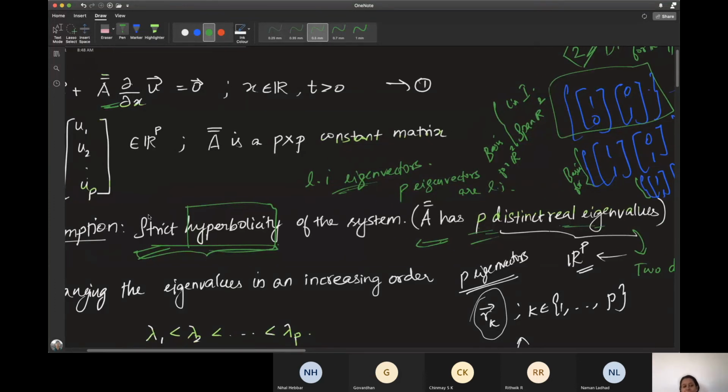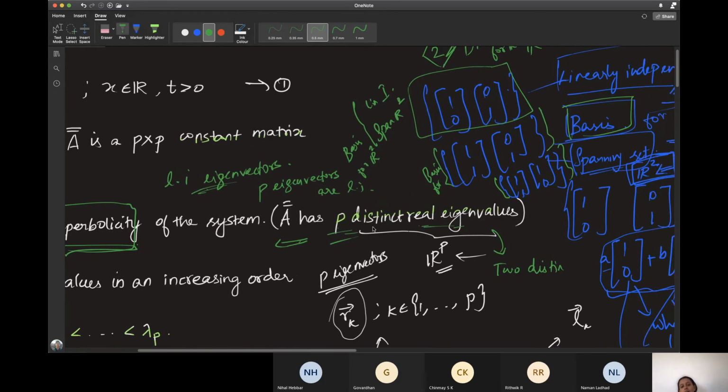If it's not strict, if it's only hyperbolic, then your eigenvalues need not be distinct. However, your eigenvectors are all linearly independent. I only said that eigenvectors corresponding to distinct eigenvalues are linearly independent. I did not say that for all linearly independent eigenvectors, the corresponding eigenvalues need all be distinct.